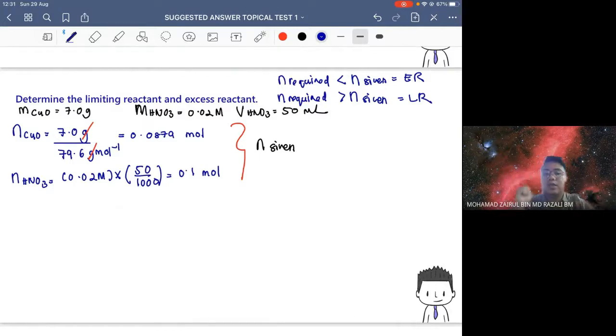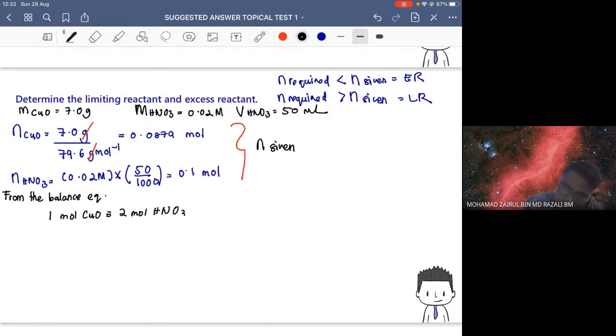So contohnya saya nak cari mole required HNO3. So saya akan letak HNO3 ni on the right hand side, CuO ni sebagai reference. So from the balance equation, 1 mole of CuO is equivalent to 2 mole of HNO3.